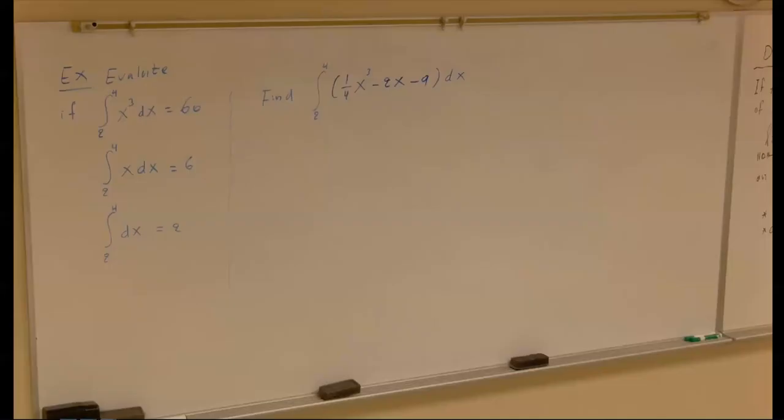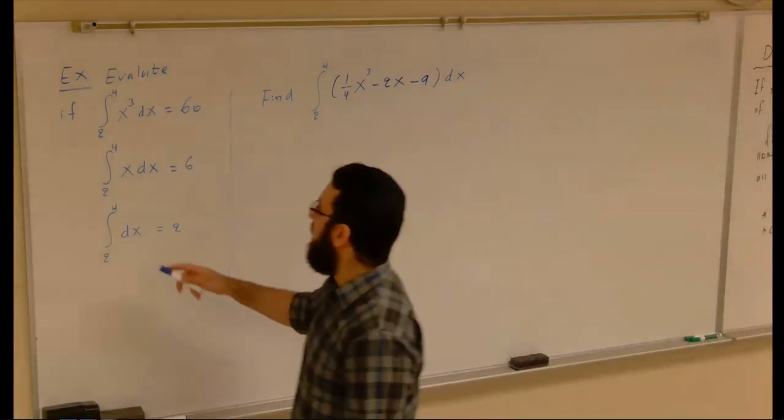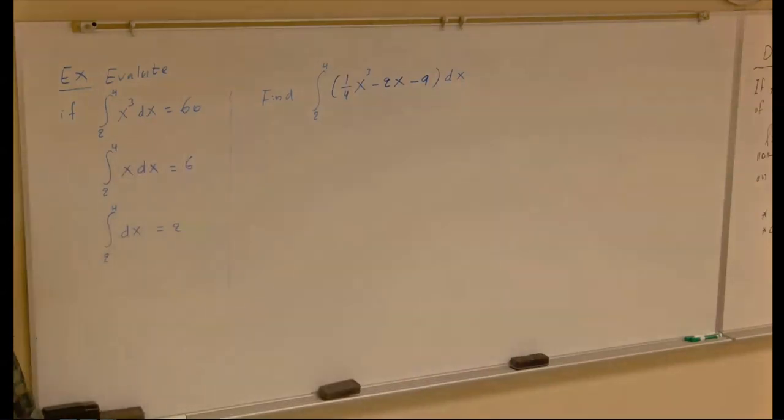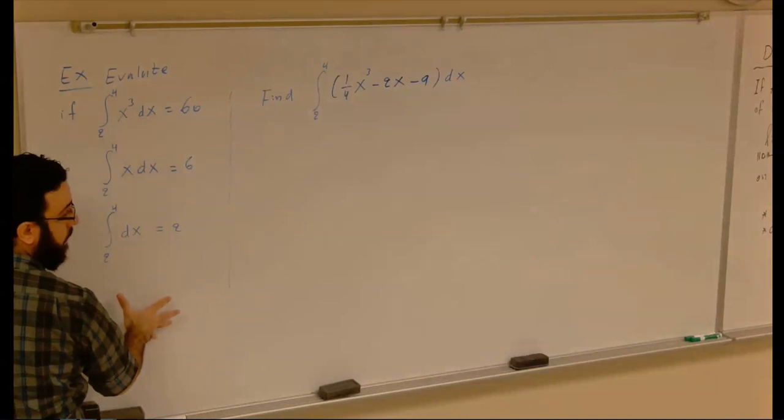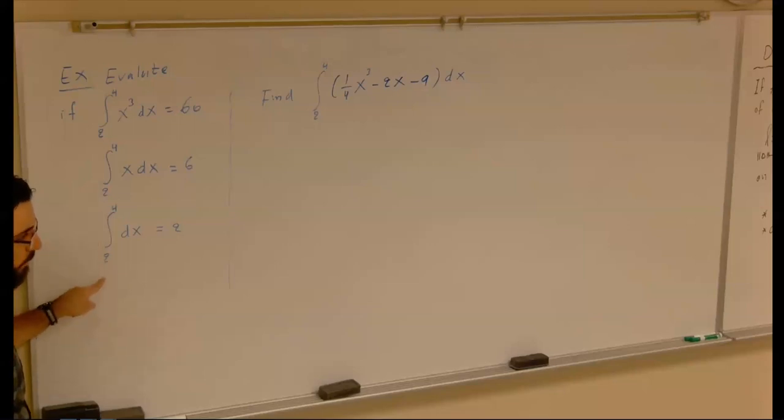So now check this example. They're telling you to evaluate. They're telling you the integral from 2 to 4 of x cubed dx equals 60. So this is given. The integral from 2 to 4 of x dx equals 6. The integral from 2 to 4 of dx equals 2. Be careful. Check the integrals for each one, the same boundary, from 2 to 4, okay?